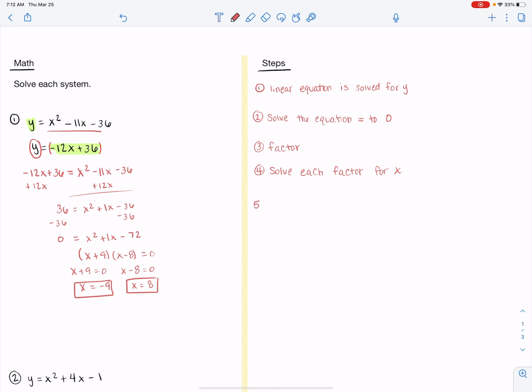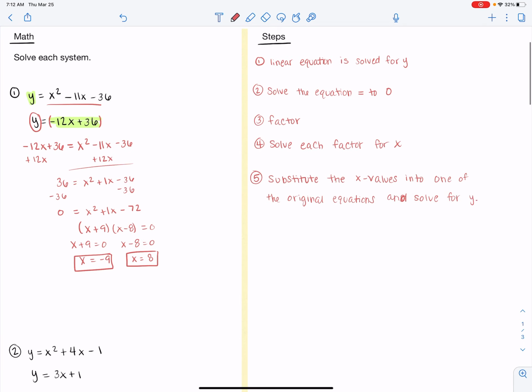So our last step is we're going to substitute the x values into one of the original equations and solve for y.